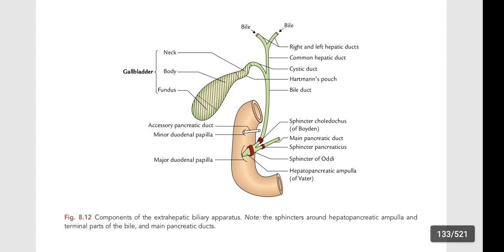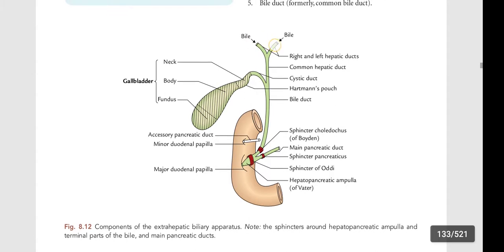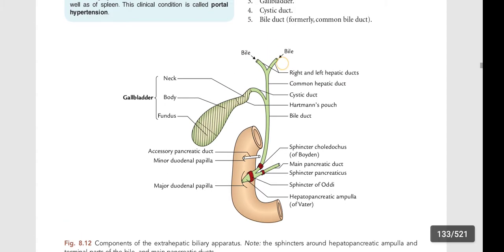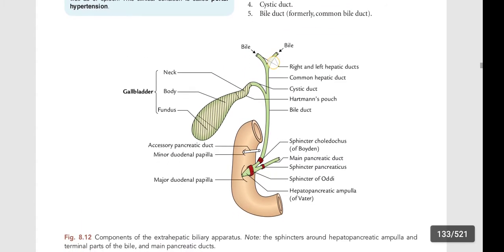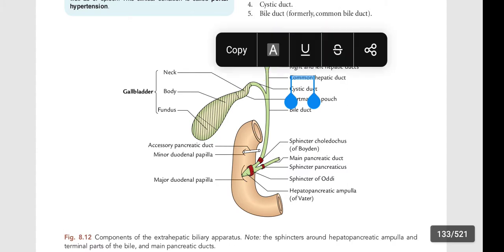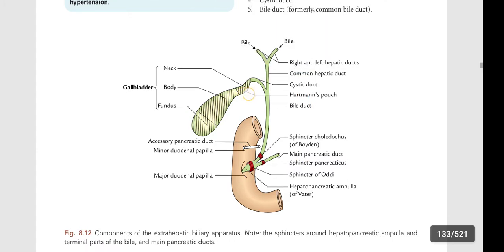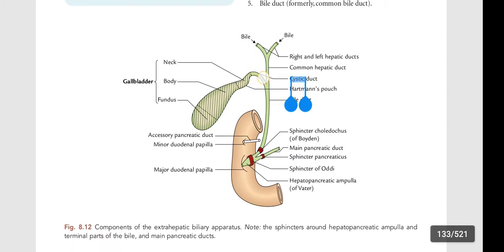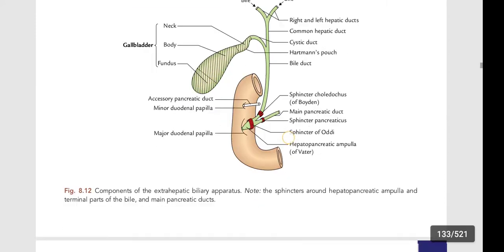These are the components of the extrahepatic biliary apparatus. Once again, right and left hepatic duct, common hepatic duct, this is the cystic duct, this is the bile duct. Okay, this one is the gallbladder.